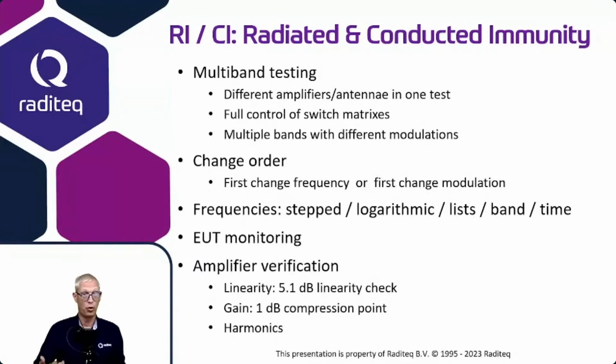Of course, an important part of the immunity test is to determine if the EUT is being influenced. So we have an extensive set of EUT monitoring possibilities. So we can use AD converters, oscilloscopes, multimeters, for all kinds of monitoring devices. We have device drivers and a possibility to configure the devices to monitor the output of the EUT.